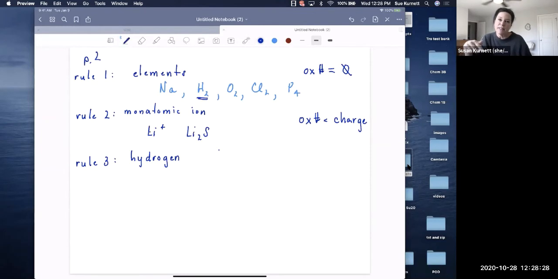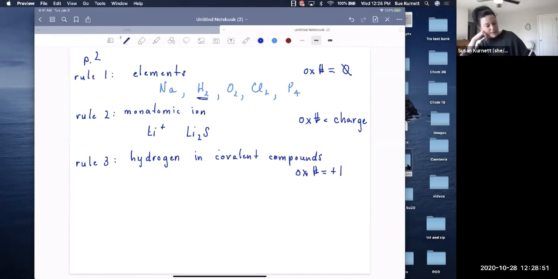But when hydrogen is in covalent compounds, the oxidation state is +1. So it might be in a covalent compound like water. Each hydrogen in water has an oxidation state of +1.